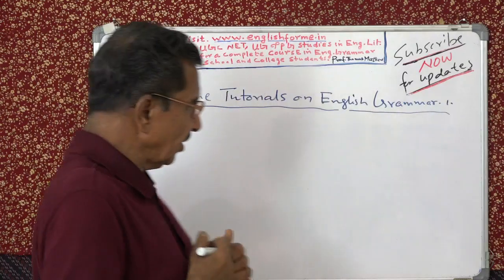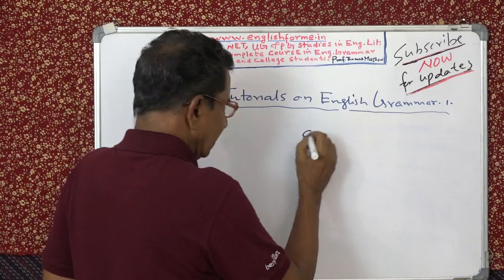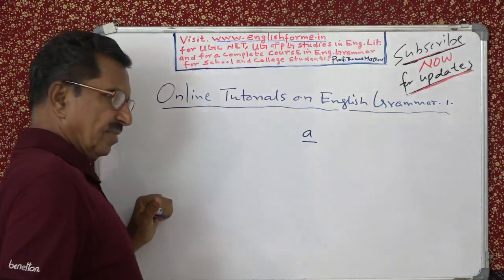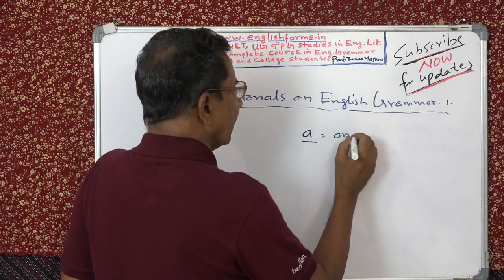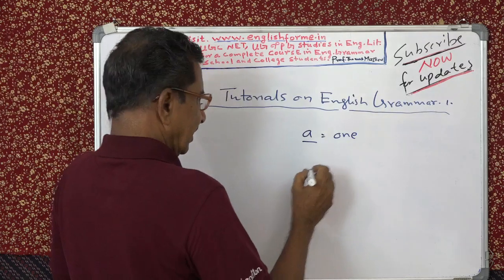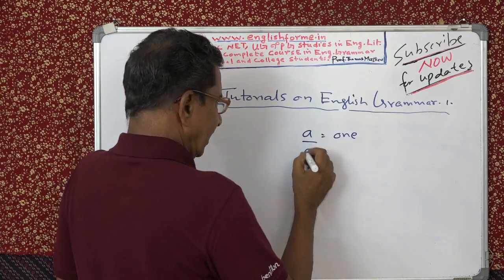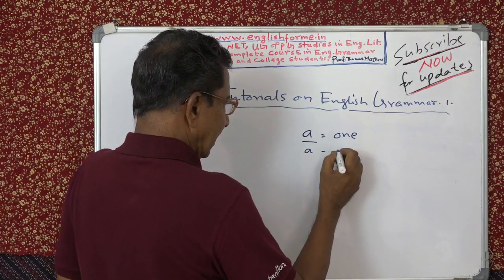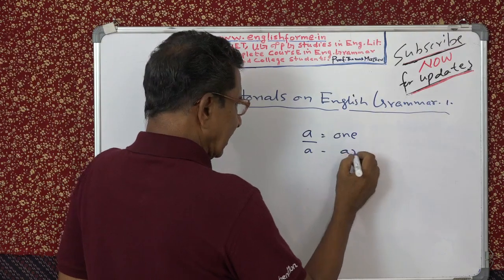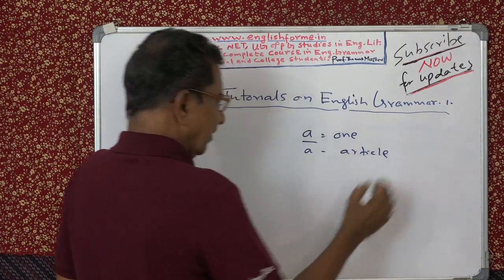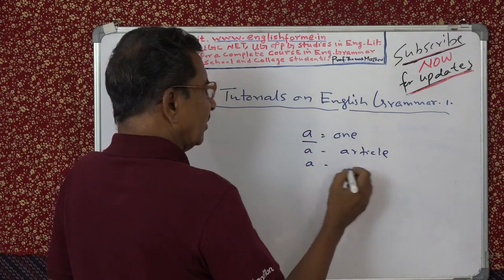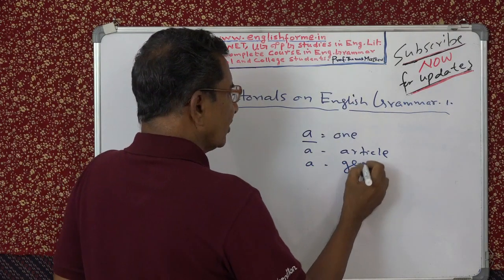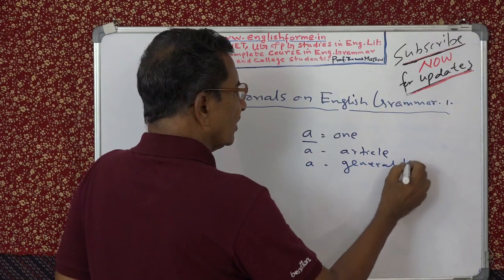Okay, so only one point today. I was talking all this while about this word a. Once more, a means one. Then a is an article. Then a tells you general knowledge about that thing.